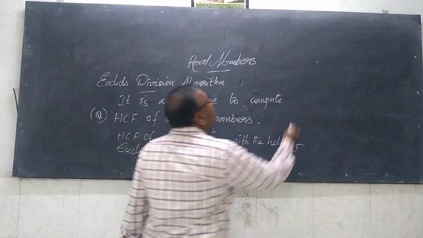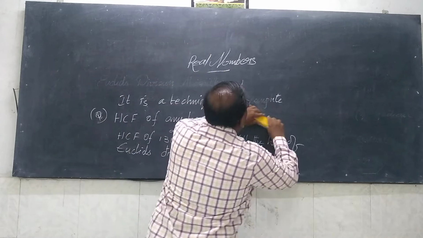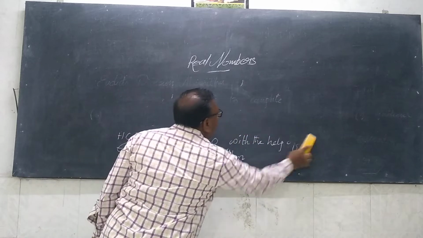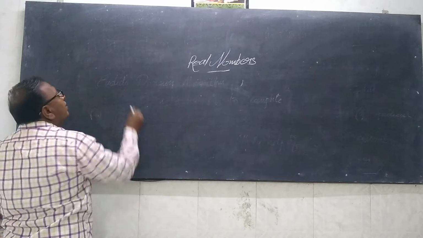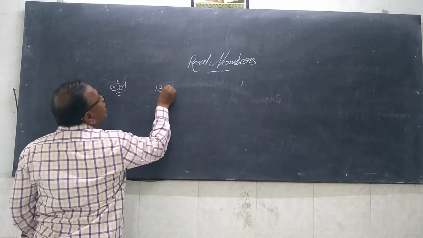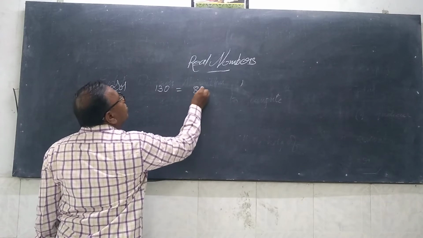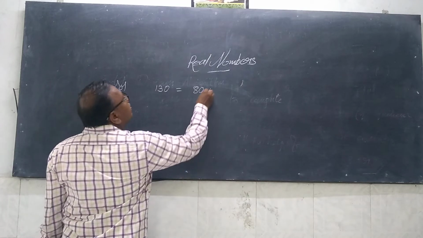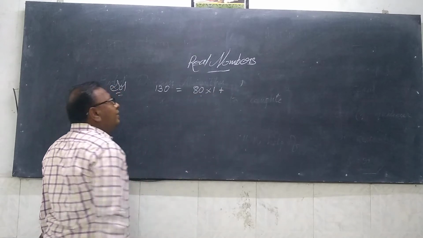Now 130 can be written as the product of 80, the lesser number, into 1 plus... 80 into 1 is 80.